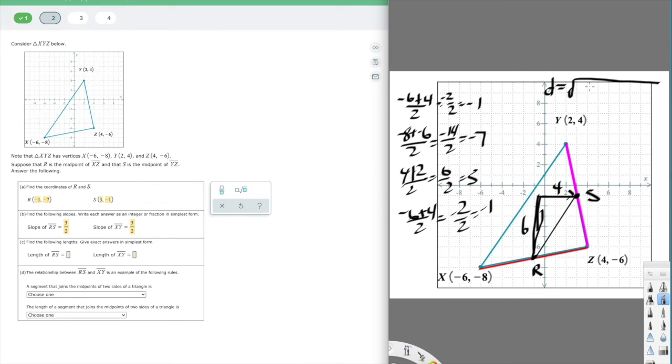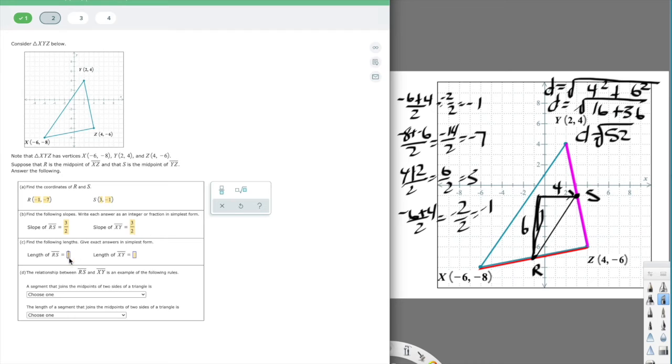We did that already visually. And then we square that, plus the difference of the y's, which is just y2 minus y1, which would be 6, like that. So we already kind of did the calculation, just didn't finish it. So now we have 16 plus 36, because I'm squaring those two numbers. And then we would have d equals square root of 52.